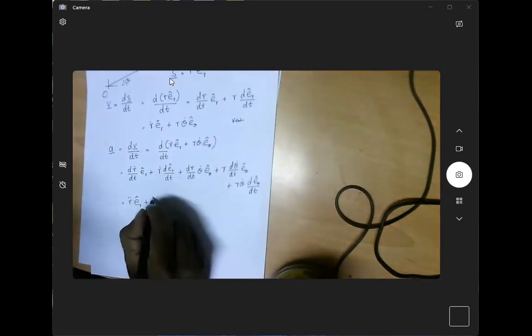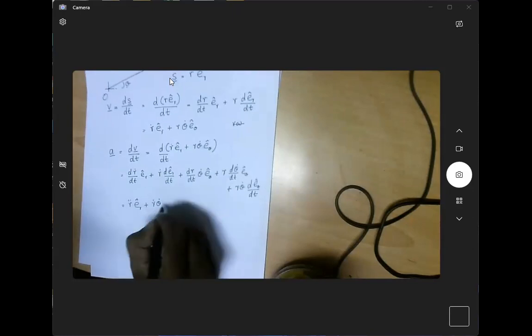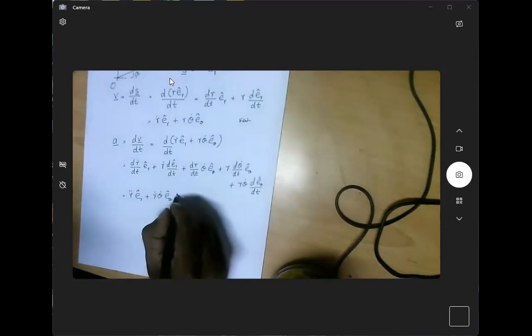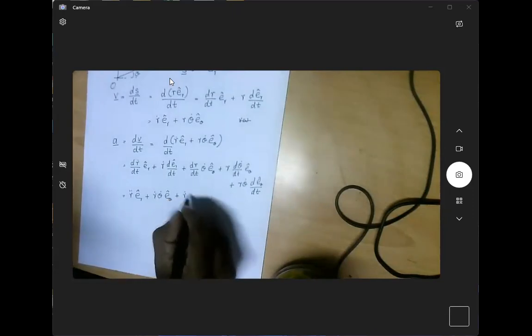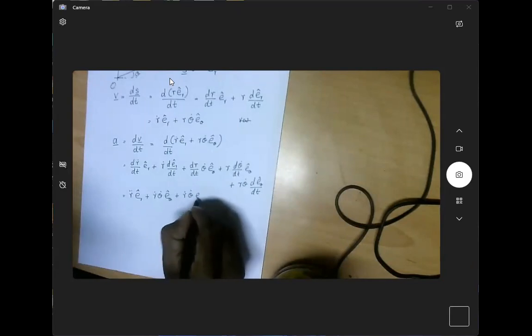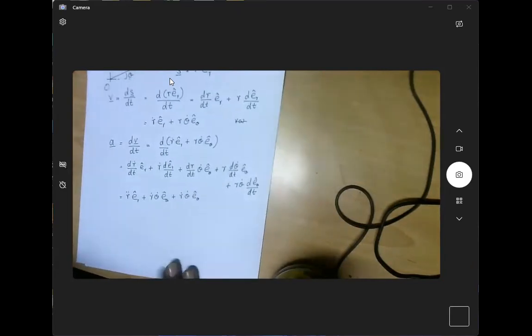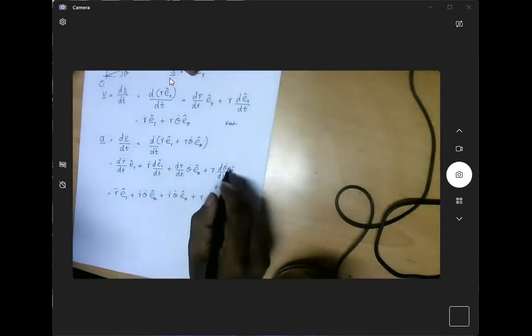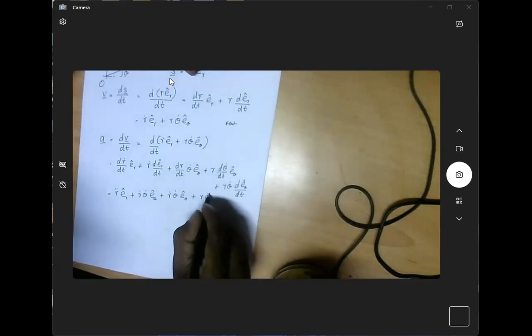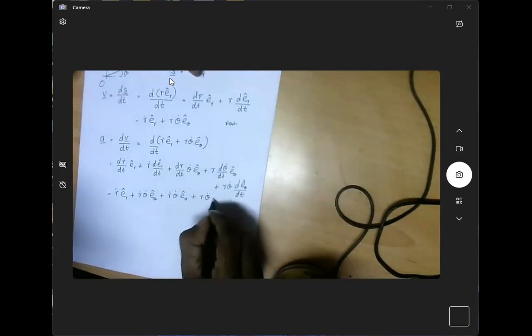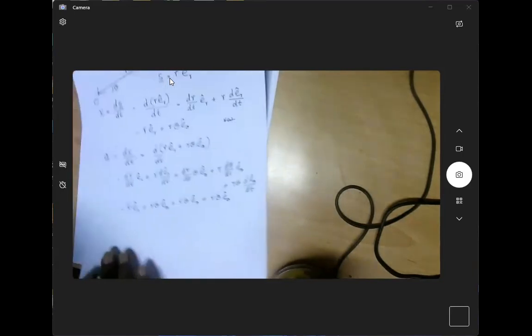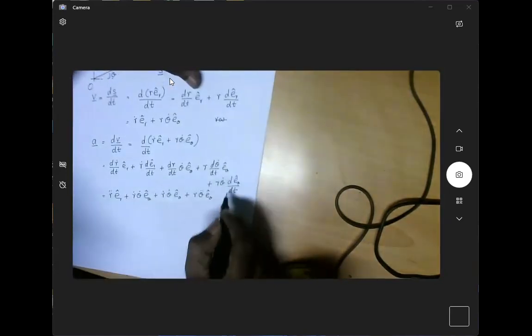So this will be r dot theta dot e theta, plus this is again r dot theta dot e theta, and this one r d theta dot over dt is theta double dot e theta, and here we have r theta dot d e theta over dt. d e theta over dt is minus theta dot er.